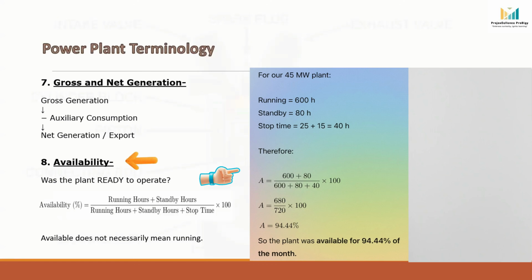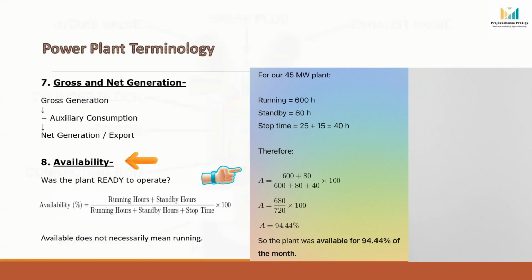In our example, running hours are 600, standby hours are 80. So the plant was available for 600 plus 80, which is 680 hours. And the total stoppage is 25 hours planned maintenance plus 15 hours forced outage, which gives us 40 hours. So availability will be 680 divided by 680 plus 40, which is 720.